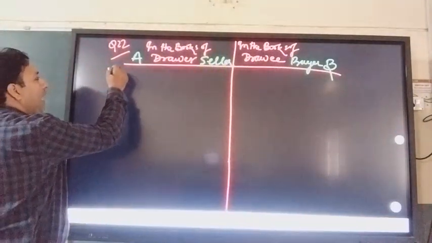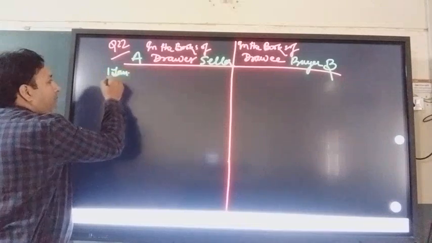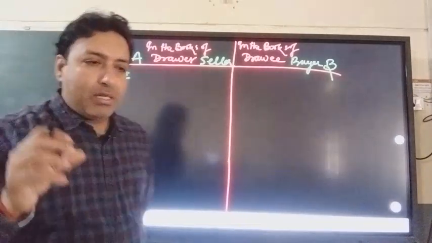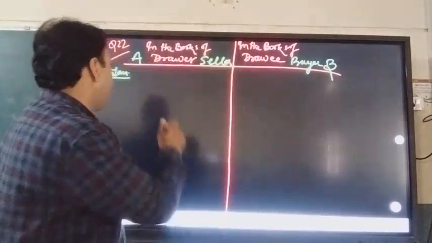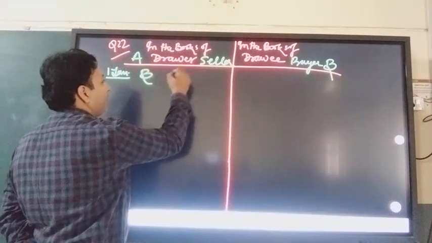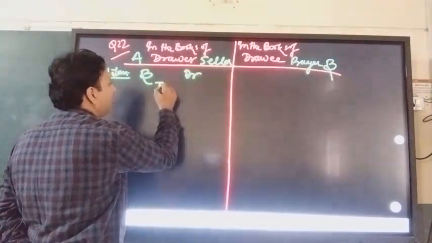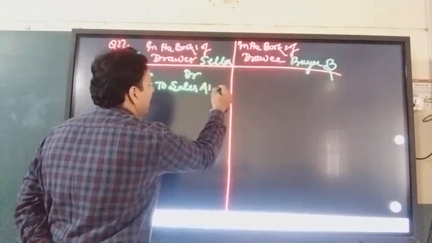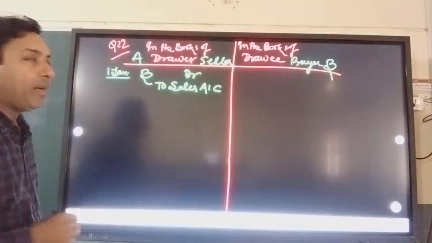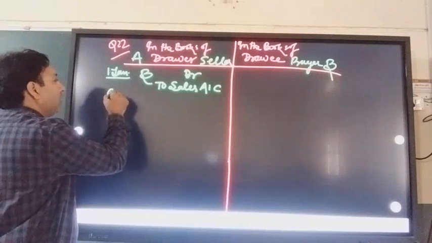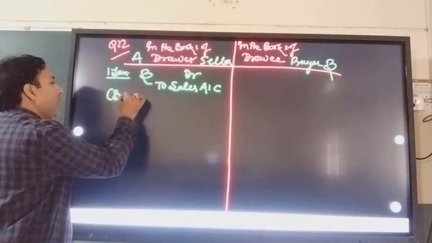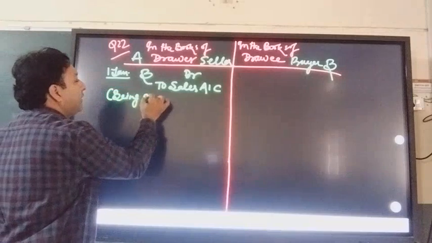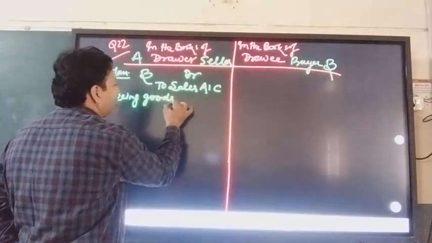So on 1st Jan he passed the entry. What is the entry? B debit and to what? To sales account. B debit and to sales account. So here you have to write the narration, being goods sold.